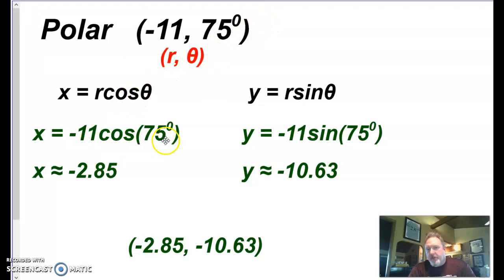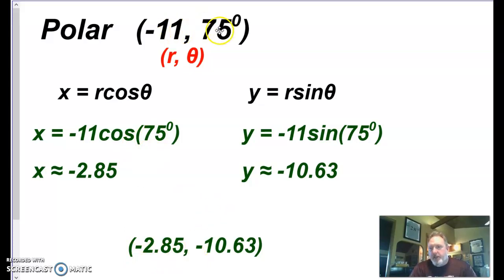Negative 11 cosine 75, according to our calculator, is negative 2.85. And negative 11 sine of 75 is negative 10.63. So here's our decimal version of that coordinate. You could try to get them into exact, but there's no need since your calculator is going to give decimals anyway.